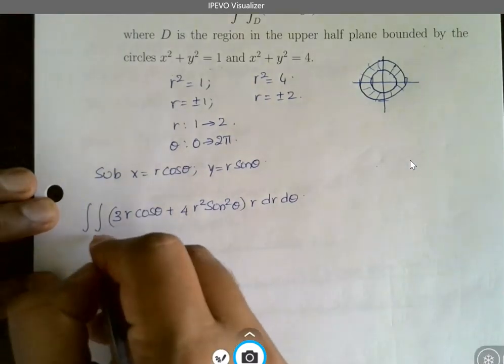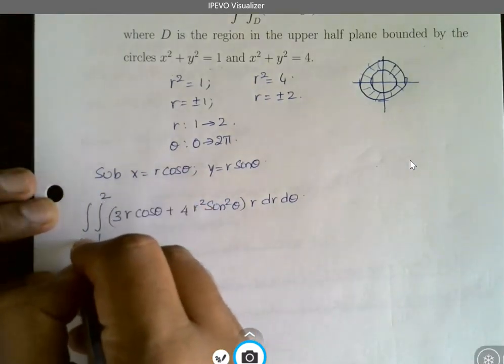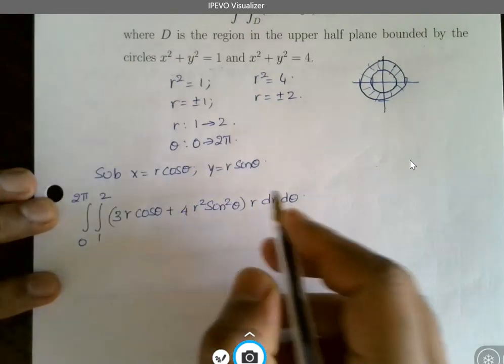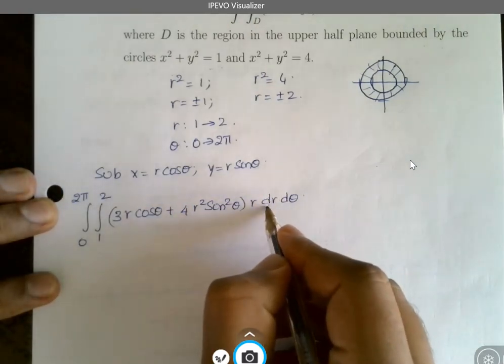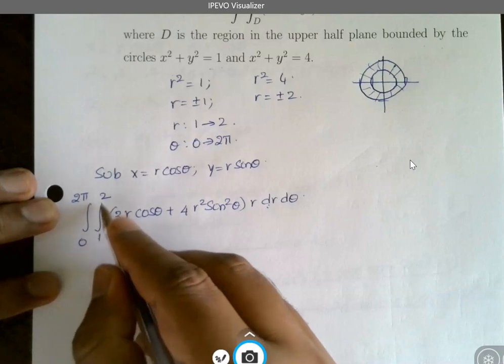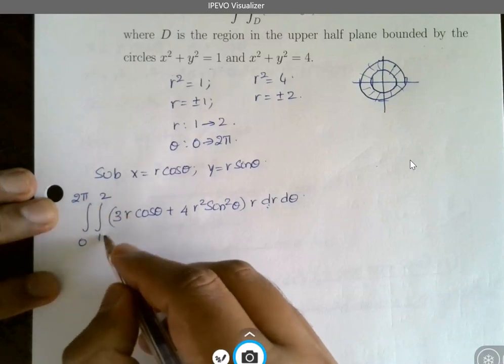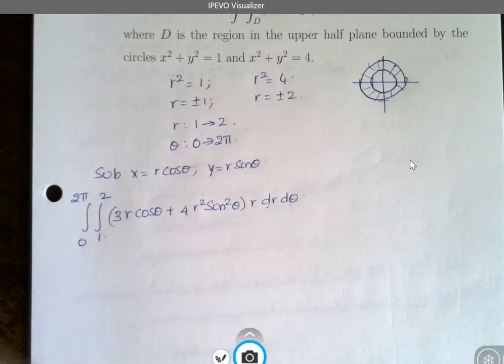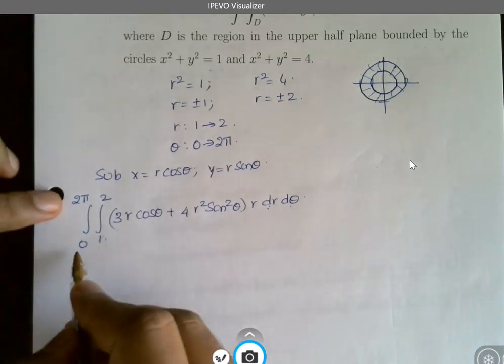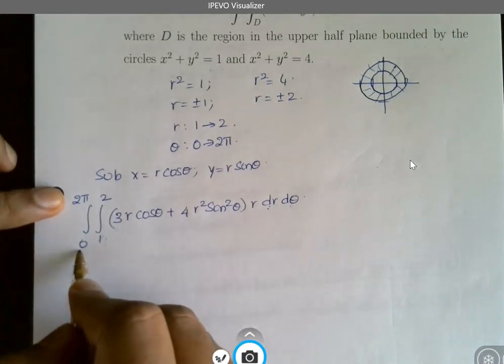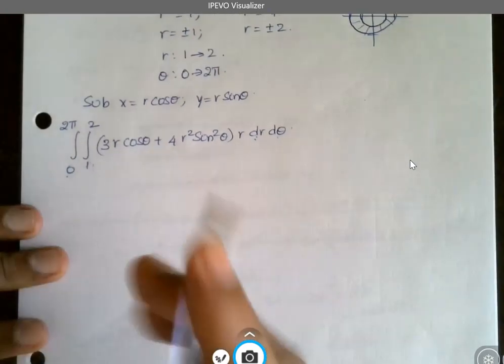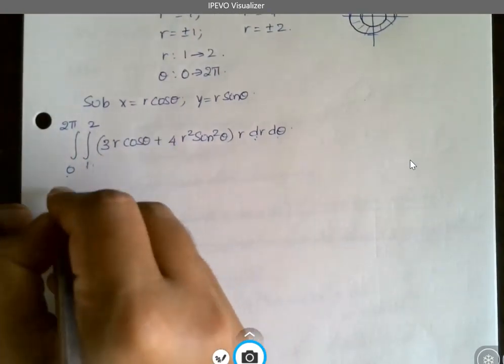Your radius varies from 1 to 2, and your theta varies from 0 to 2 pi. The first variable was dr, so I put the radius limits there. The second variable is d theta, so I put the limits from 0 to 2 pi.